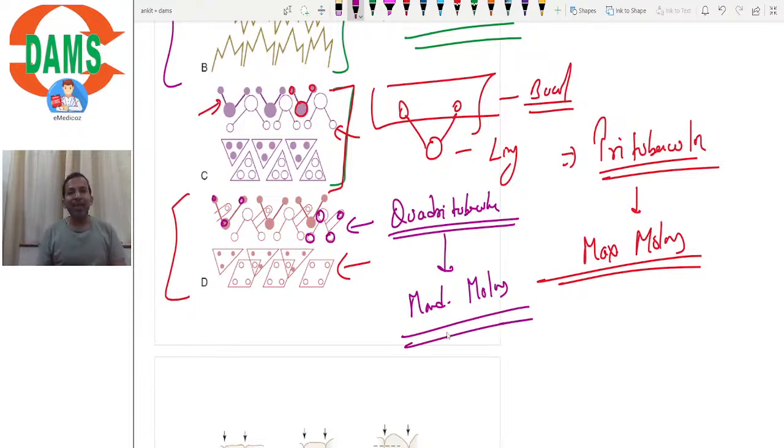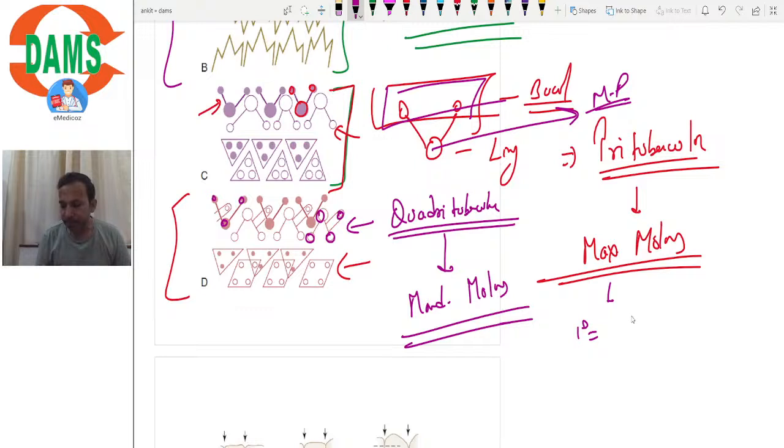The cusps of the teeth that developed into the mandibular or maxillary molar will be known as the primary cusps. In the maxillary molar, the primary cusps would be both the buccal and the mesiopalatal. So these three cusps are the primary cusps, and they form a triangle.